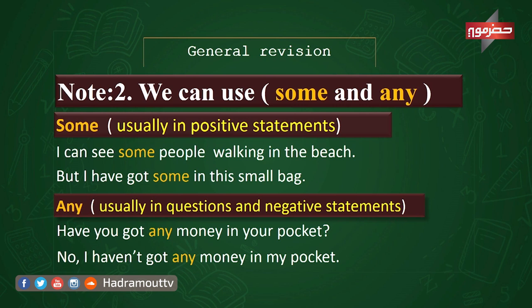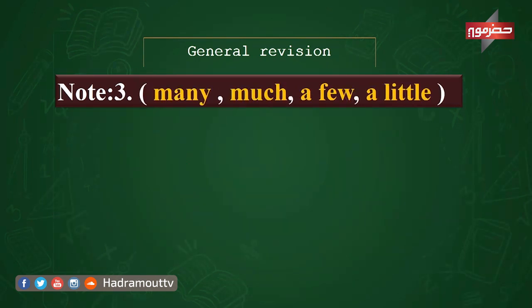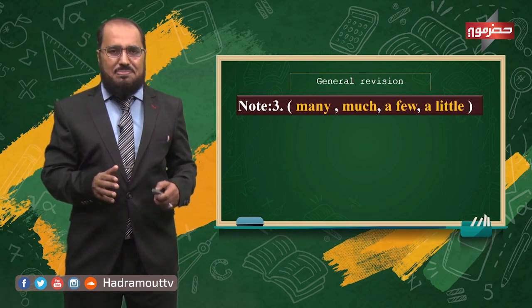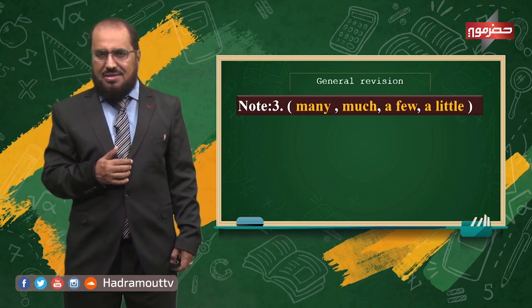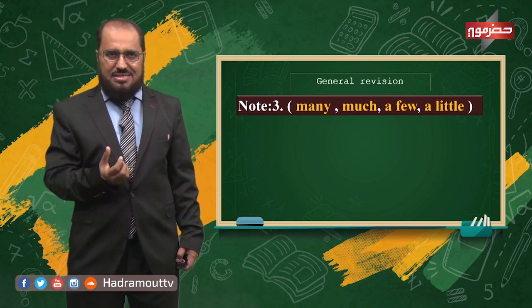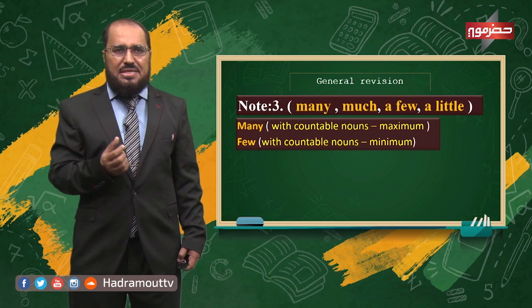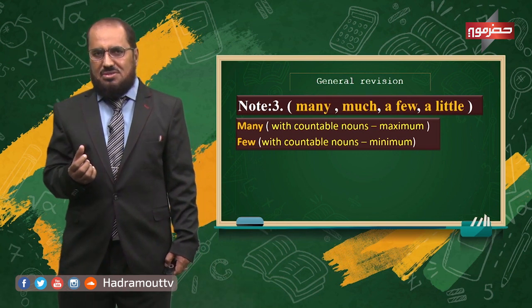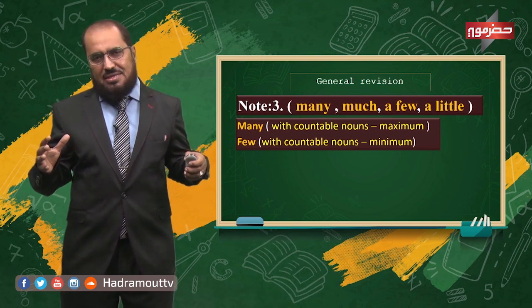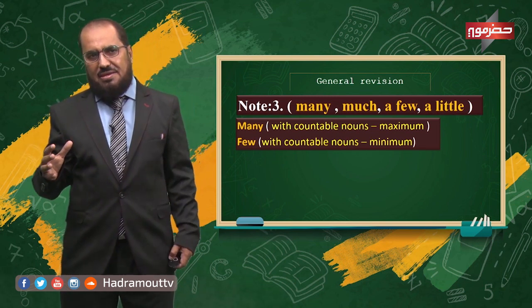Note 3. Don't forget much, many, few, a little also appear in making questions and answering. هذا له علاقة أيضا بصياغة الأسئلة. Let's see. Many with countable nouns to show a large amount. اوكي هذه اللي تستخدم في المعدود لإظهار الكثرة.